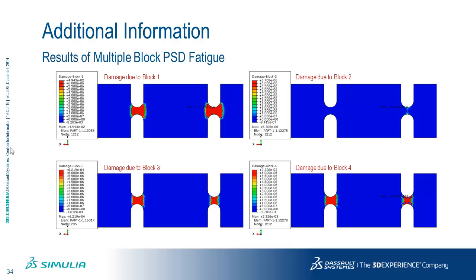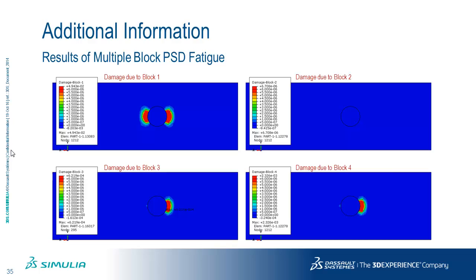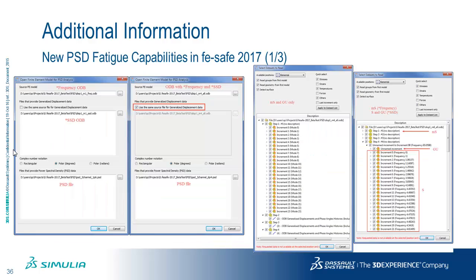Okay? And in case of the multiple block, we can actually extract the damages due to each block of the PSD loading. Okay, and this is another, different structure example.